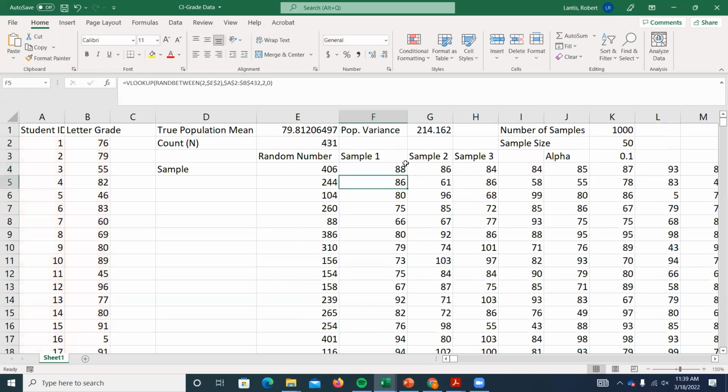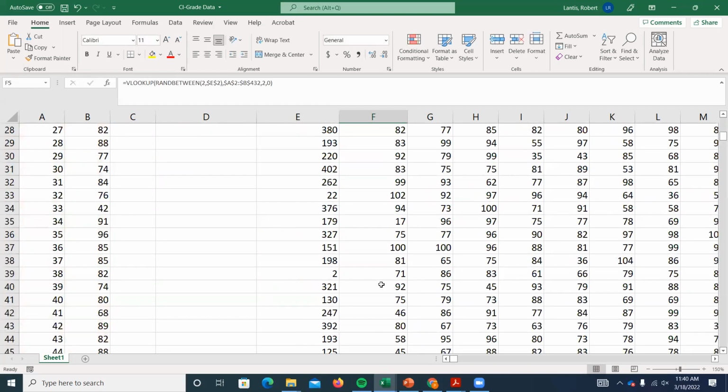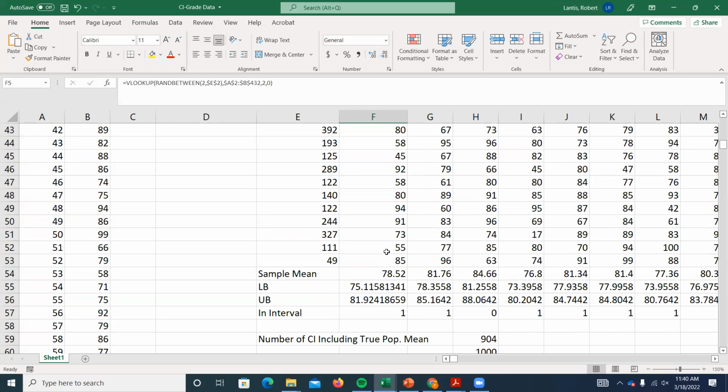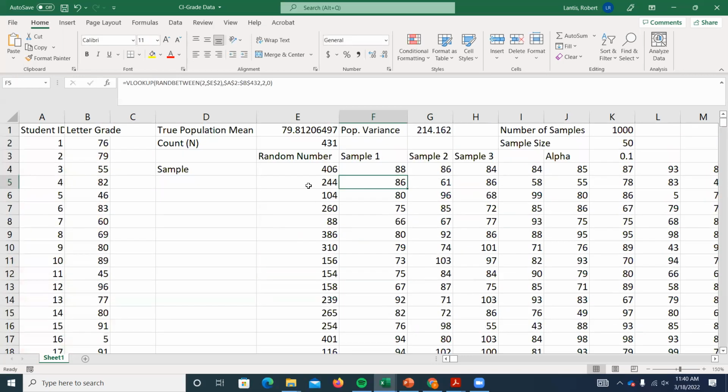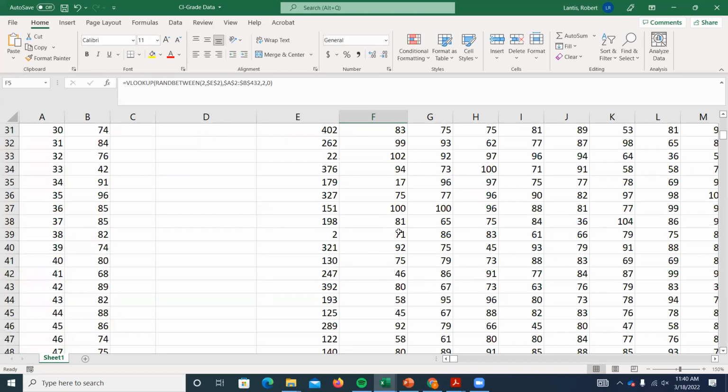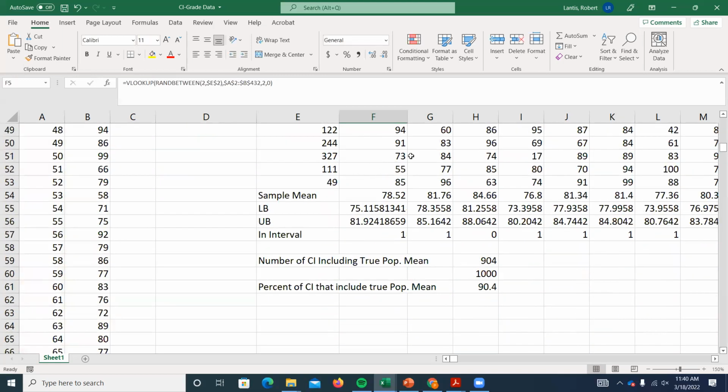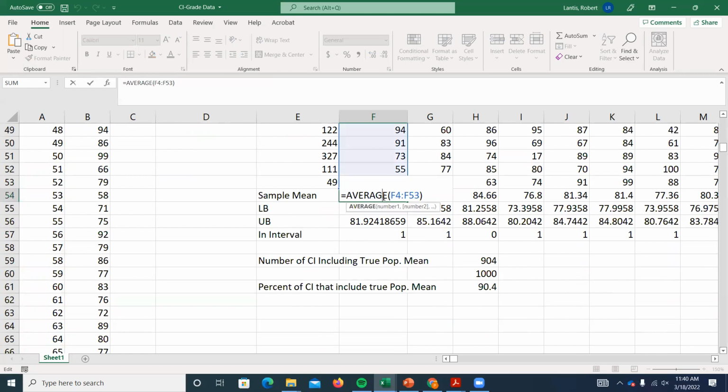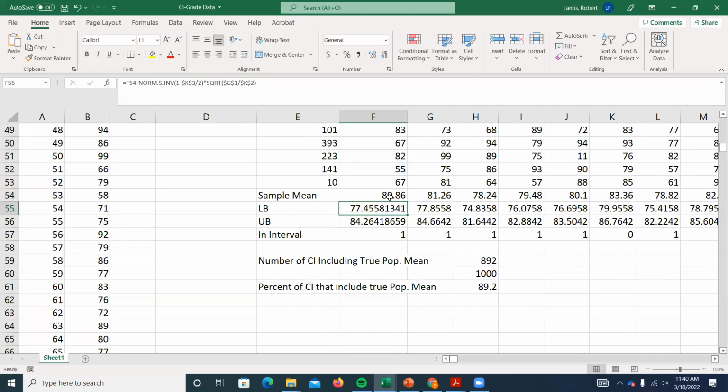Every one of these cells generates a different random number. You can ignore this first column. It's just something about the random number generator, so that I was making sure I was getting a different sample every single time. But I basically now have 1,000 samples with 50 random observations in them. I can find the sample mean, right? Once I have the sample mean, I've got the sample size of 50.